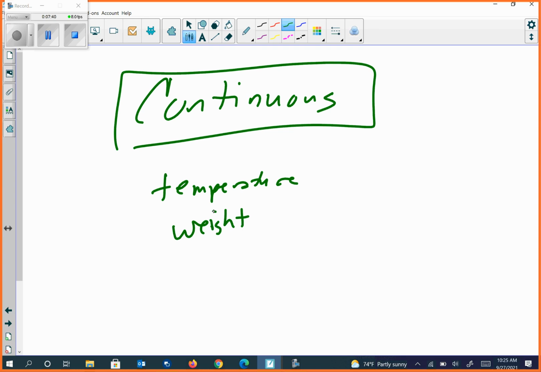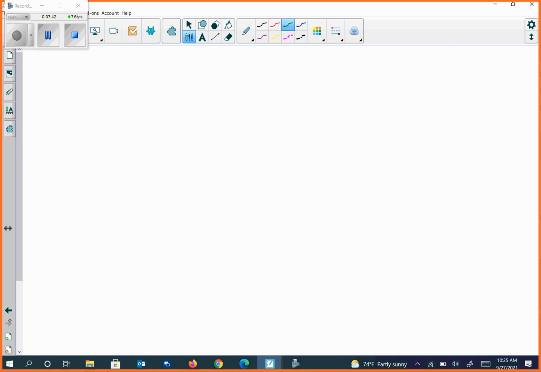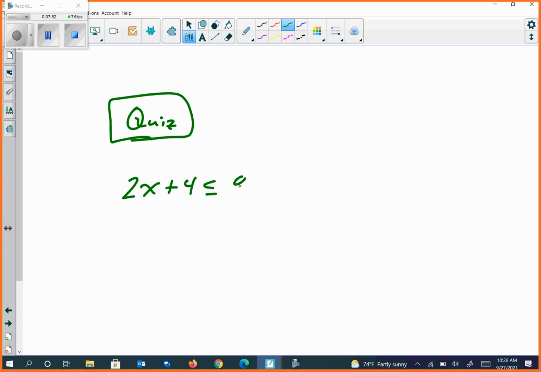Okay, so the quiz that we will see tomorrow, if you had a problem like this, things I'm looking for, this might say put on number line, which would mean I need to solve this.